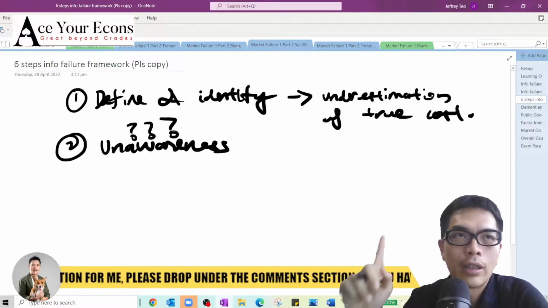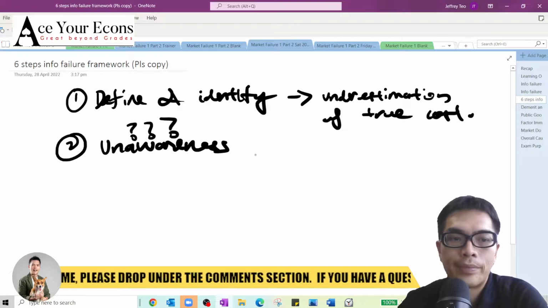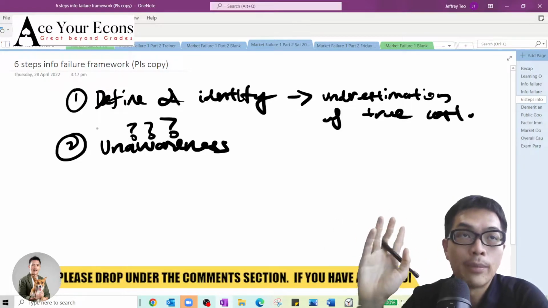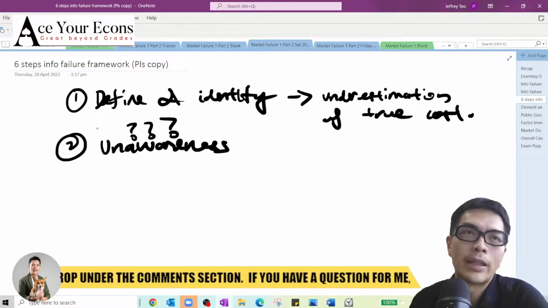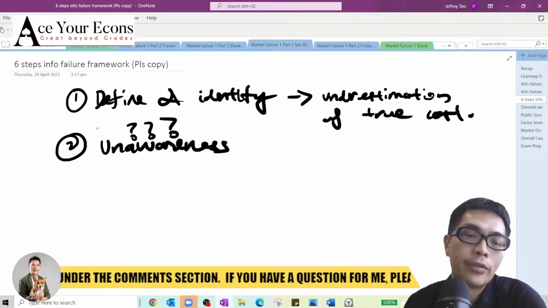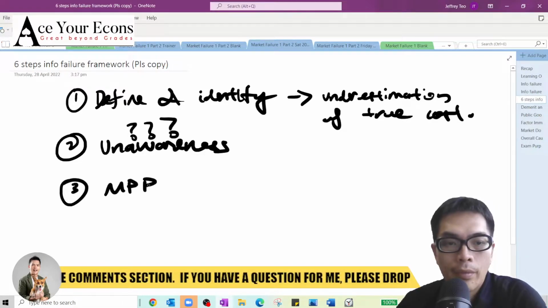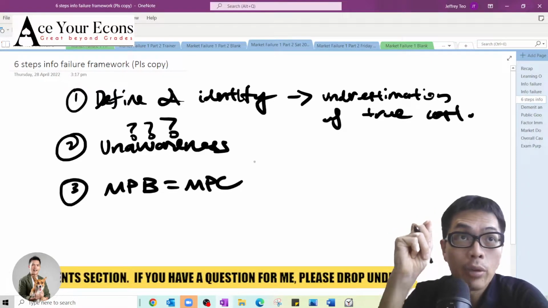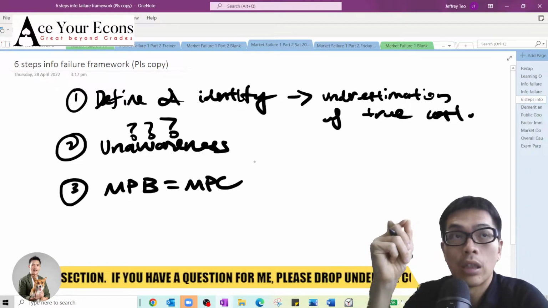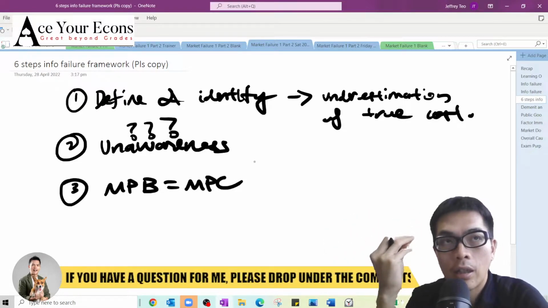This will tell you that there is unawareness being present. So not externality anymore. We're looking at first party benefits or first party costs. They are all unknown to oneself. Step 3 is the same, just that we have to be concerned whether it is info failure at the benefit side or info failure at the cost side.